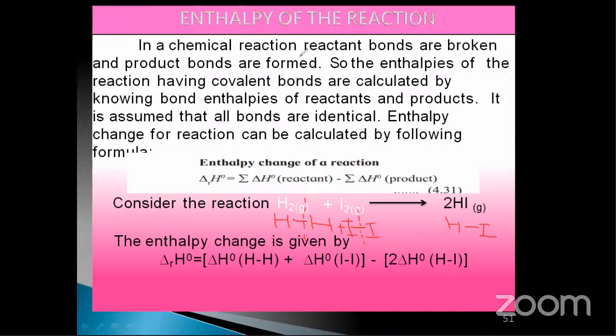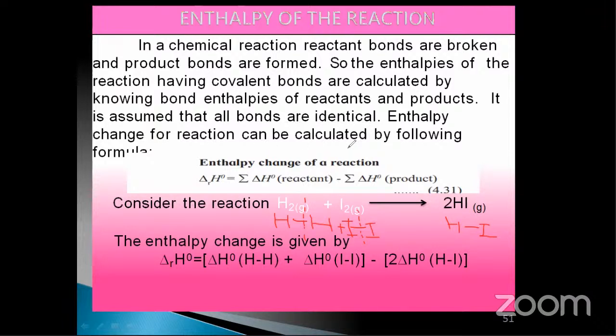So the enthalpies of the reaction, म्हणजे इथे या रिएक्शन मध्ये जो काही एन्थाल्पी मध्ये एनर्जी मध्ये काही चेंज होणार आहे, that is nothing but the enthalpy of this reaction having the covalent bonds are calculated by knowing the bond enthalpies of the reactants and products. So it is assumed that all the bonds are identical.